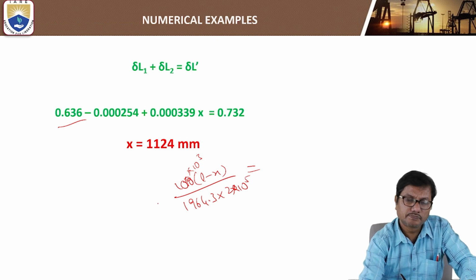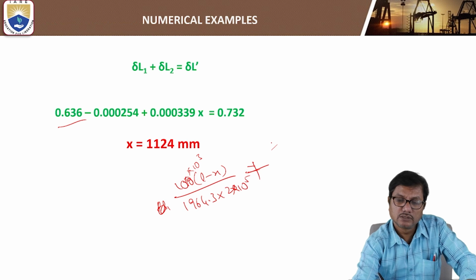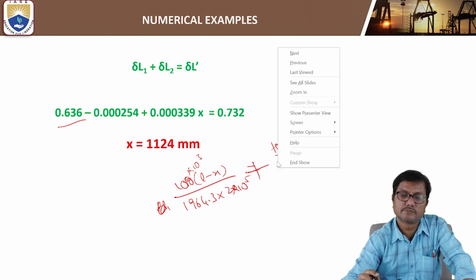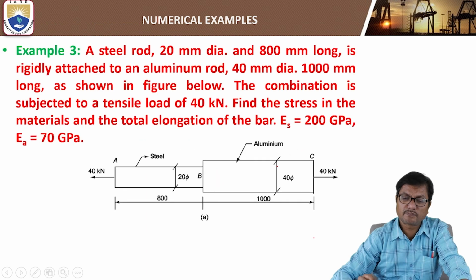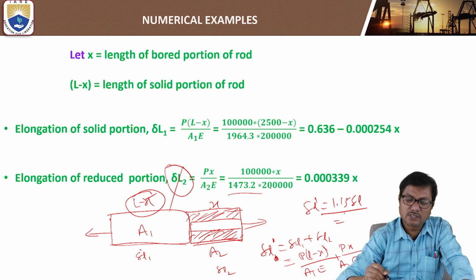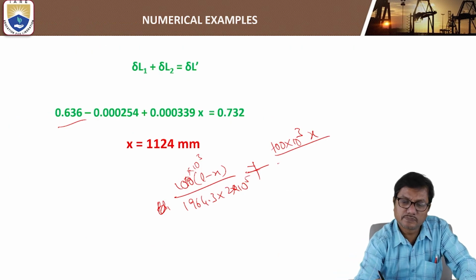This is delta L1 plus delta L2, which is 100 into 10 cube load into x by A2, the area of the reduced section, which is 1473.2, into E, 2 into 10 power 5.